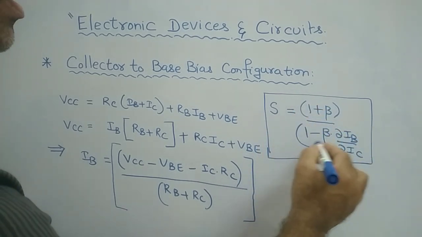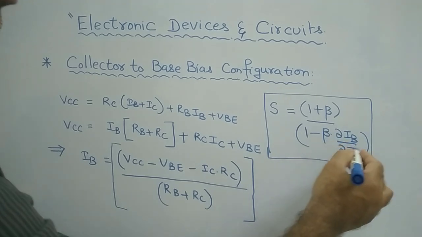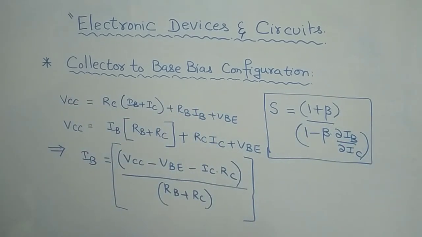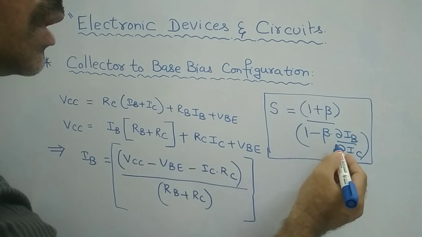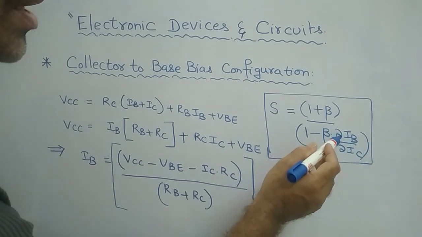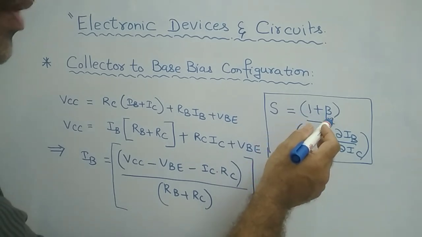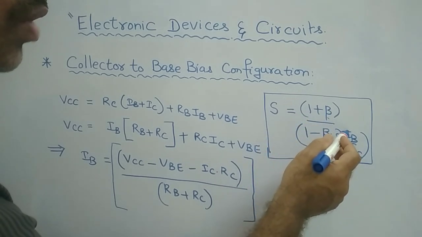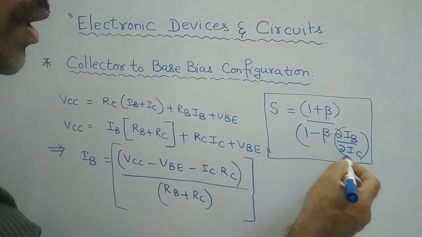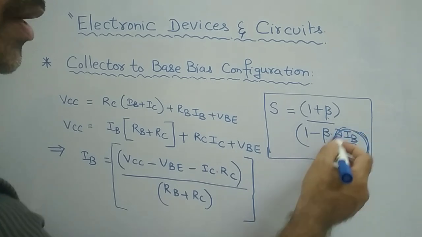Clear? Therefore, from this definition I need to find out what is dou IB by dou IC, because beta is constant. I need to find out this value actually, dou IB by dou IC.